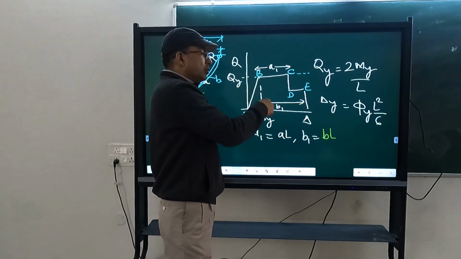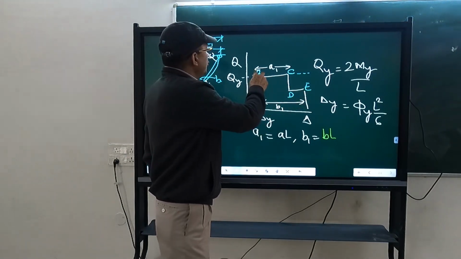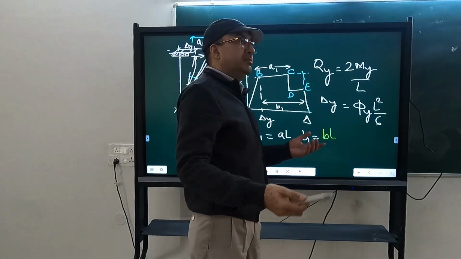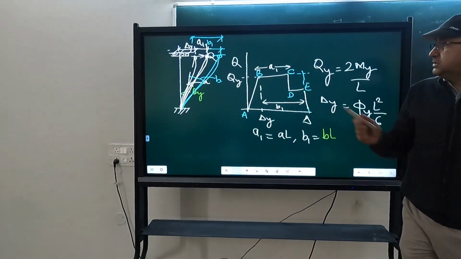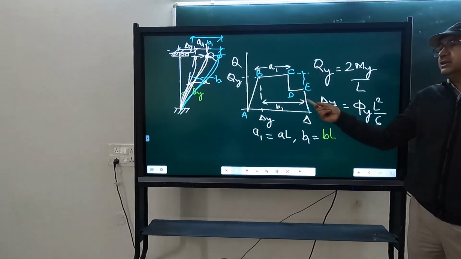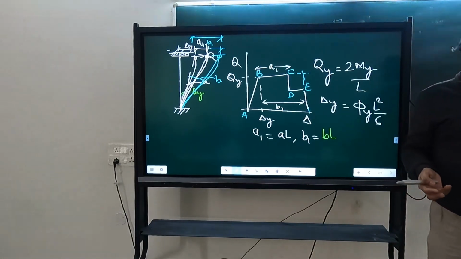So in case of cyclic load, we will get an envelope like this, whereas in monotonic, it will simply continue up to ultimate failure. So this degradation comes from cyclic behavior. So if we are considering cyclic behavior, we will get A1 and B1. If we are doing monotonic, we will get only B1.